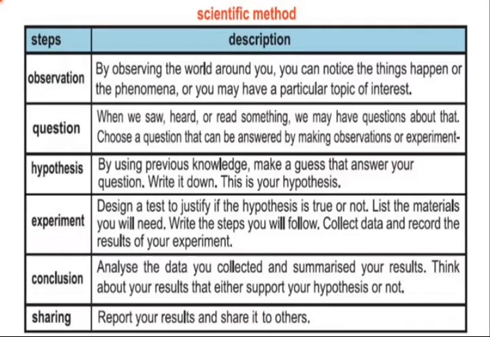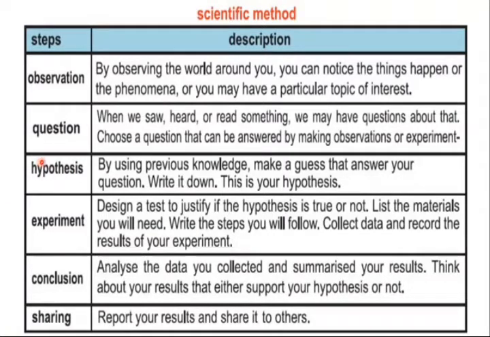Dear students, the first step is observation. When we see something, we need to observe. When we observe something, we need to think about that, and we need to ask ourselves a question on that topic. Then we need to think about that. That means we need to imagine the answers to those questions. That is called hypothesis.